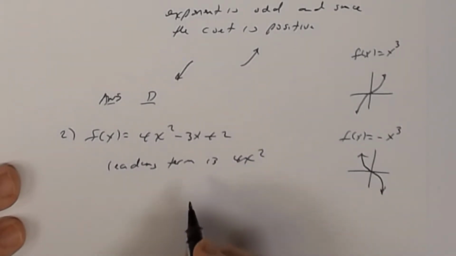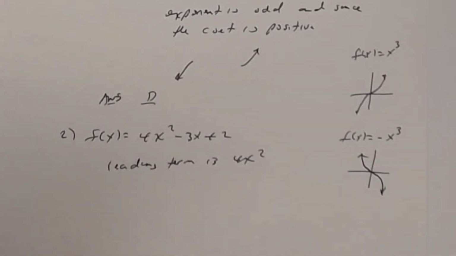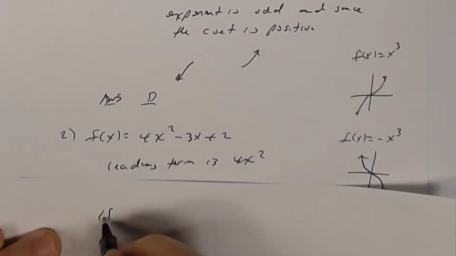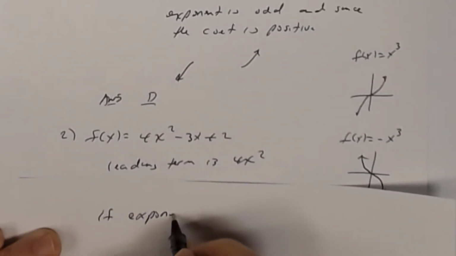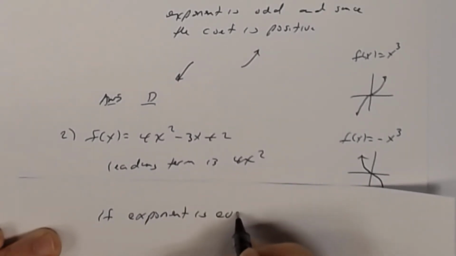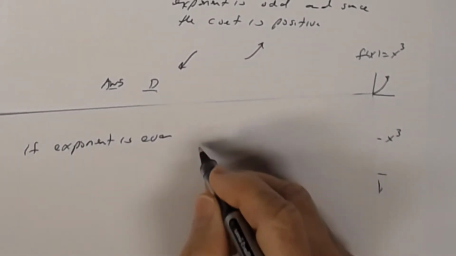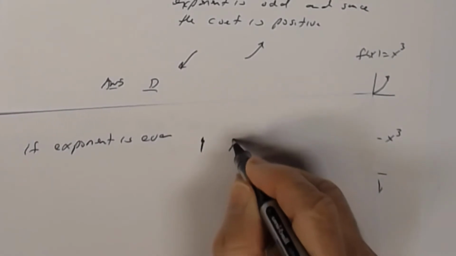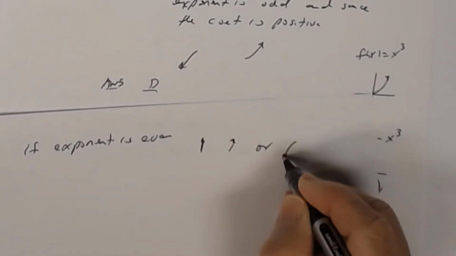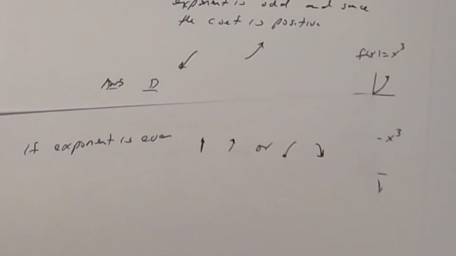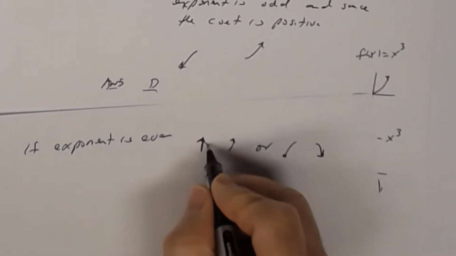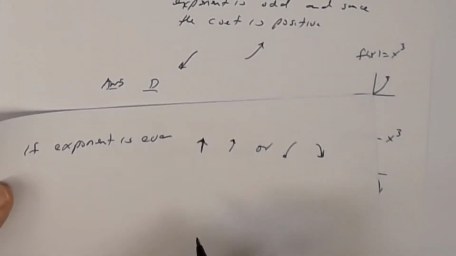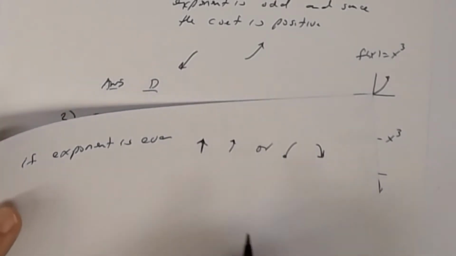If the exponent's even, the arrows point in the same direction. Either the arrows are pointing up or they're pointing down, just like this, okay? The coefficient will tell you which one it does.